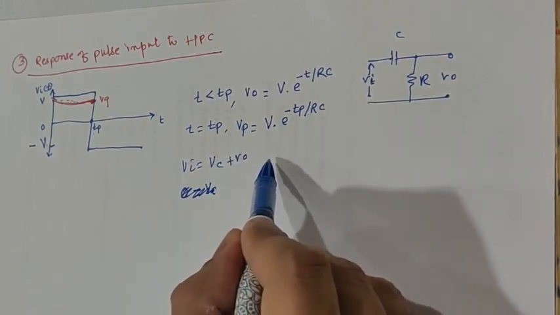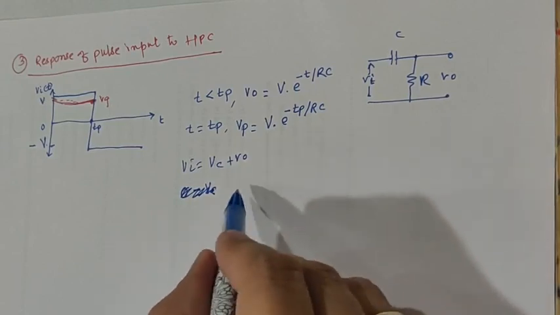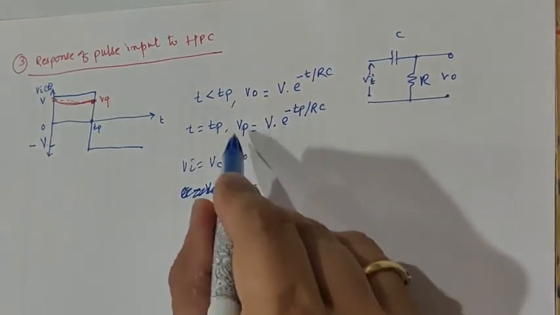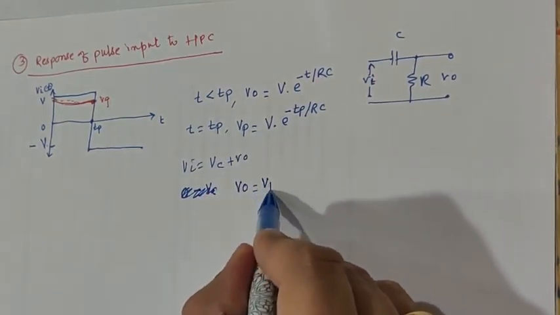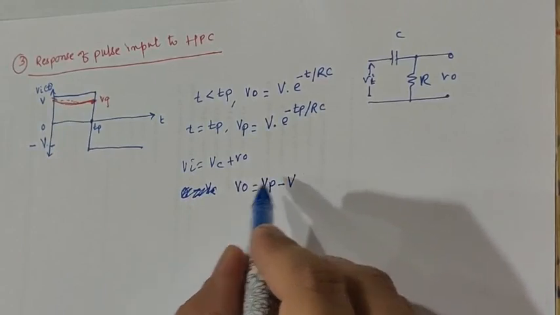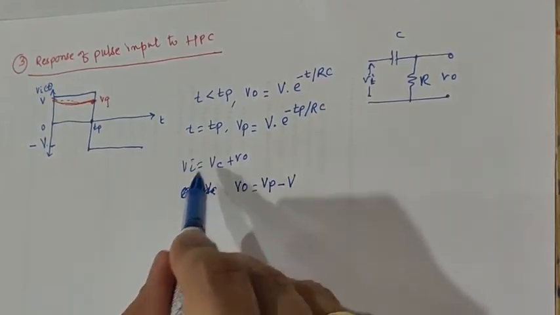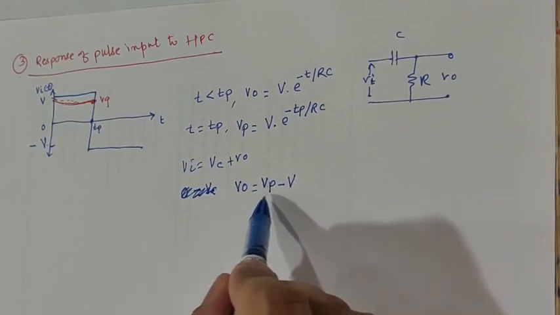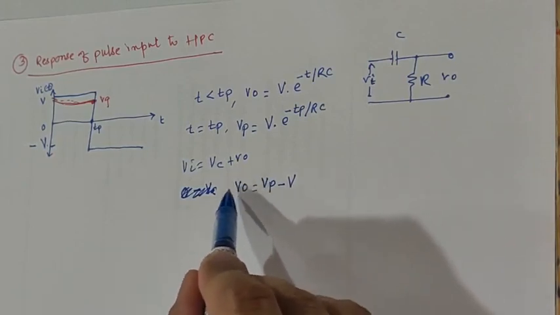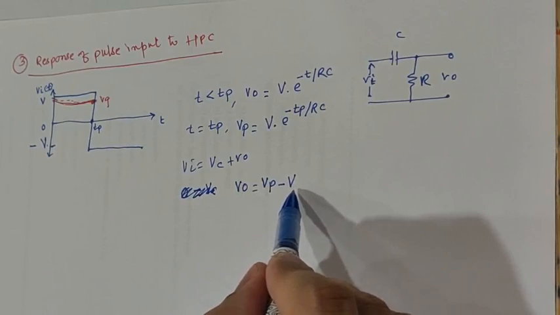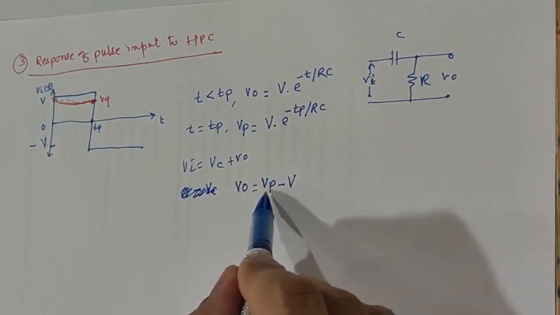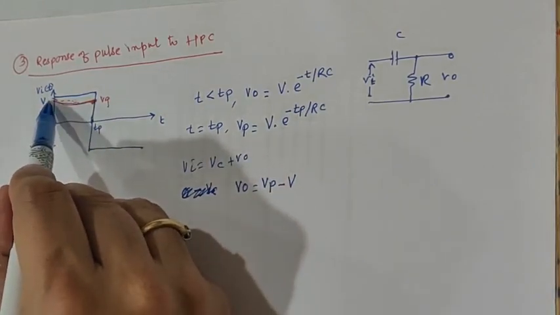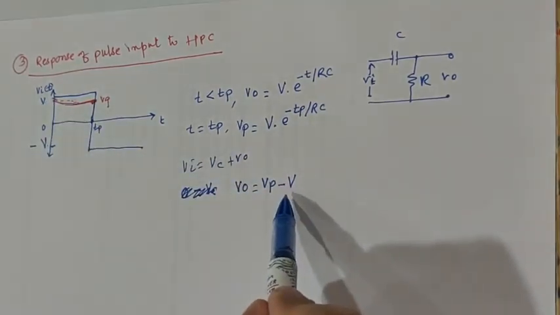So let me quote that V0 was Vp at t equal to Tp. Because Vi has suddenly dropped and the capacitance cannot change, the output needs to drop by the same amount, so V0 is now Vp minus V. Since Vp is a smaller value and V is a greater value, Vp minus V is going to be negative.